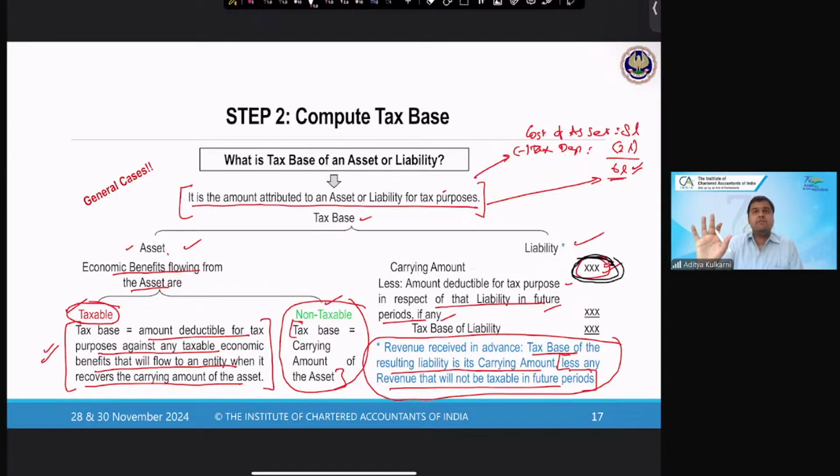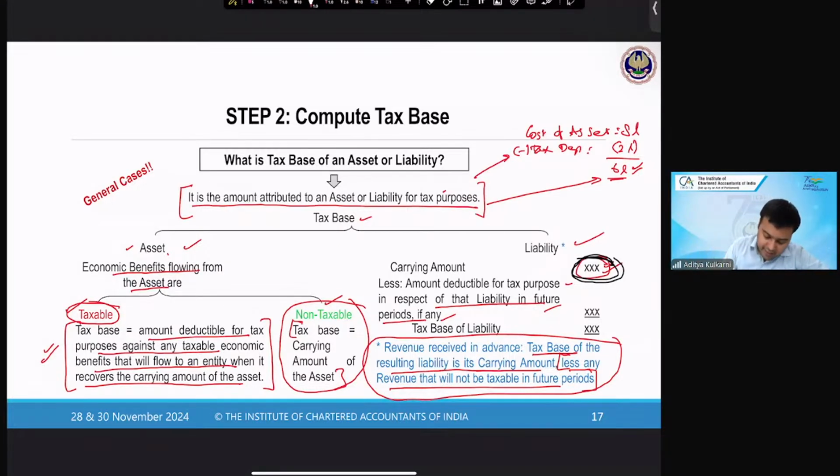It means that suppose you are preparing a tax balance sheet, a balance sheet for income tax purposes. What will be the value of the assets or liabilities as per that? That is what is your tax base. Are you able to understand?